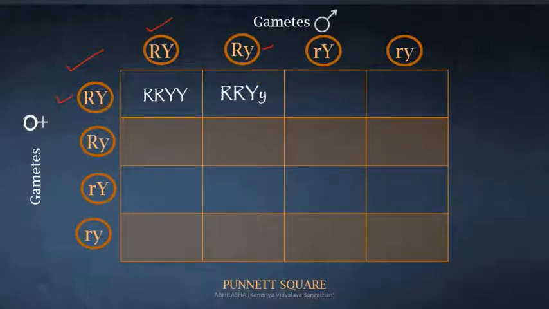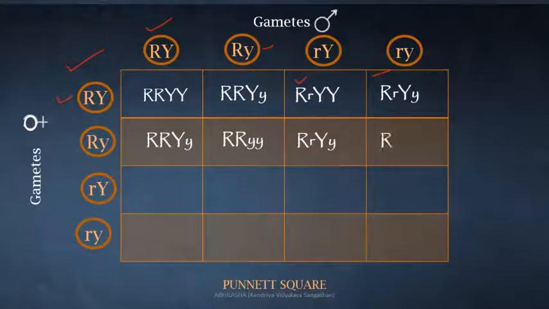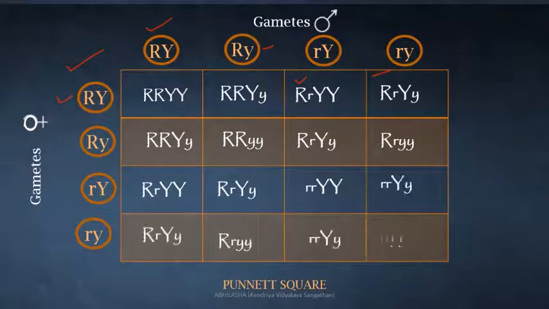This will be capital R, but since here there is a small y, one will be capital Y and the other would be a small y. So similarly, we'll make it for this box and so on.